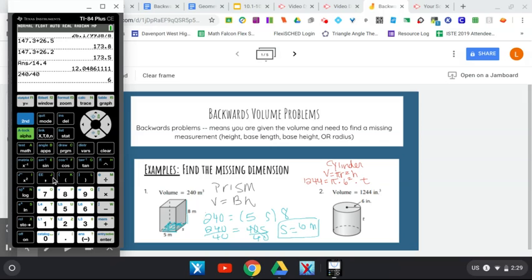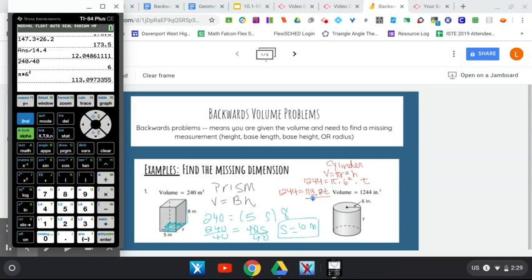All right, let's type in pi times 6 squared here. So I got 1,244 equals 113.1 t.